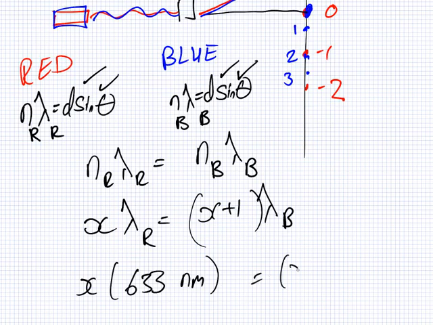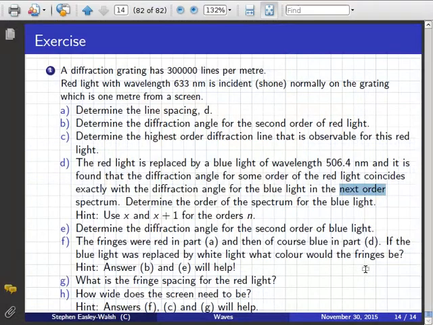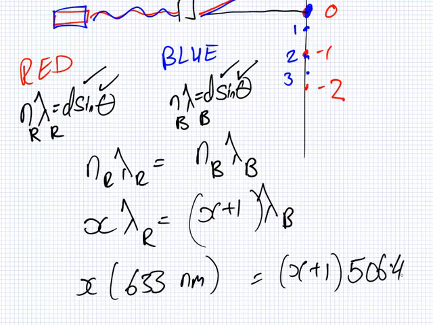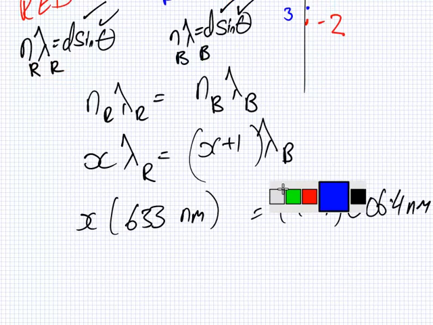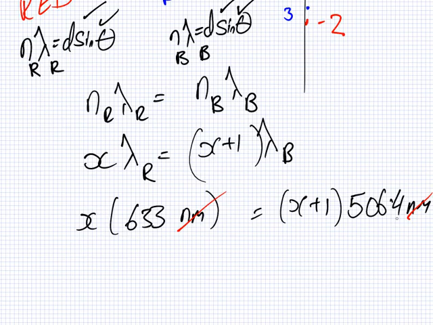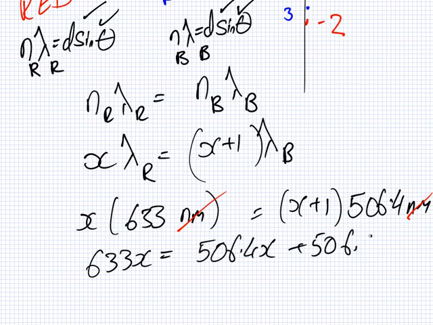And then what was it for the blue? 506.4 nanometers. Sorry, yeah, so the nanometers cancel, and I get 633x equals 506.4x plus 506.4.